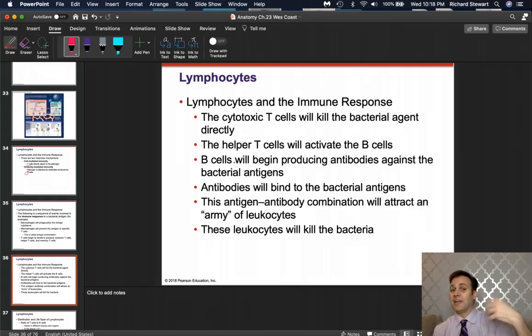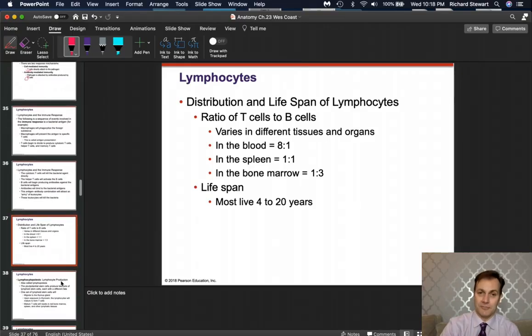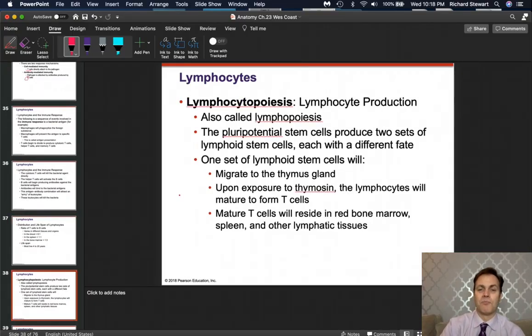So good work, I'm going to activate you. Now that B cell gets put in play and becomes a plasma cell. The B cells aren't strong enough to go and kill hand to hand, but what they do is start to make antibodies. They start shooting off antibodies, which are going to kill those invading cells or mark them for death.